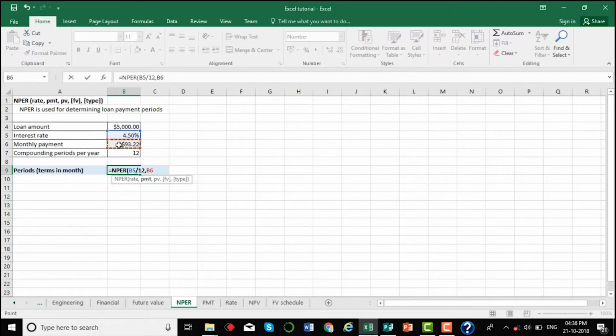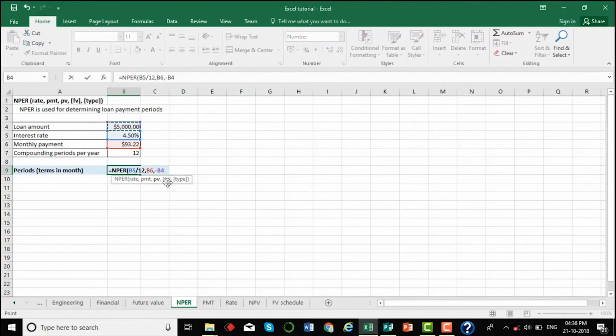So select that, comma, the present value, or PV, and the PV here is the loan amount, which is $5,000, and I'm going to take it as negative $5,000 because, once again, any money which is going out of my pocket is always taken as a negative amount. Since the loan amount is something I have to pay, I'm taking it as a negative value.